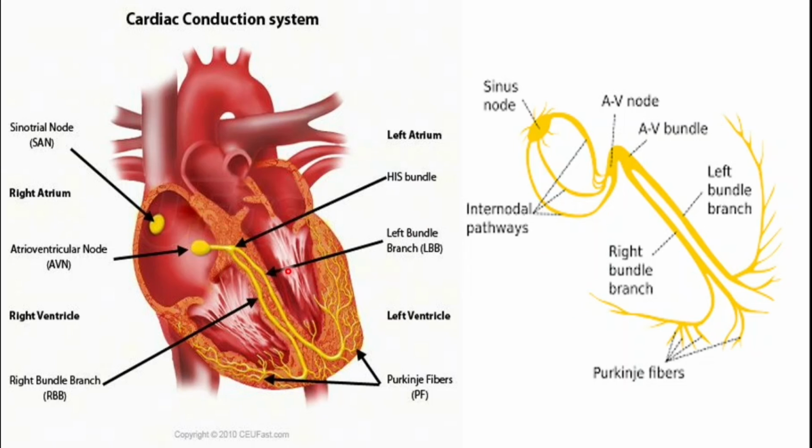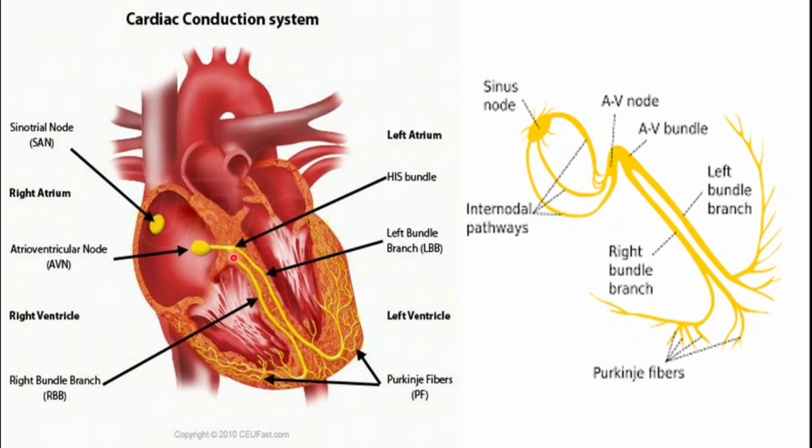So in the cardiac conduction system we have the SA node, we have the AV node. The SA node is present at the junction of the superior vena cava and the right atria, and we have the AV node which is present at the atrioventricular septum, and from the AV node a bundle branch comes out that is known as the bundle of His, and this bundle of His then divides into two branches, one into the left bundle branch and the other one into the right bundle branch.